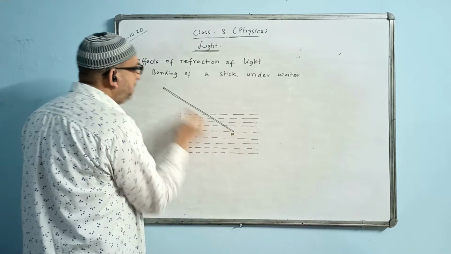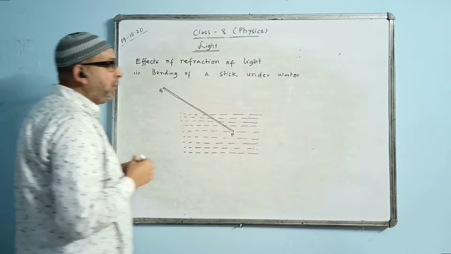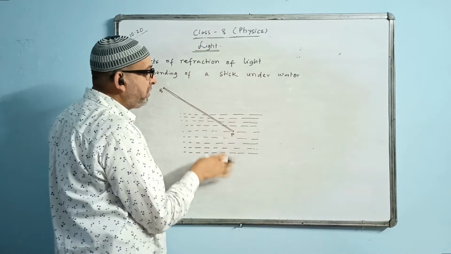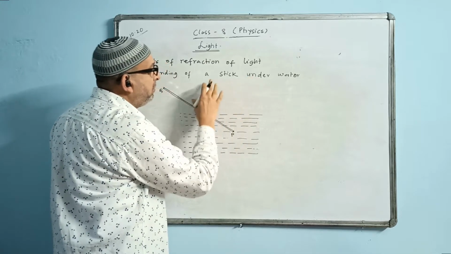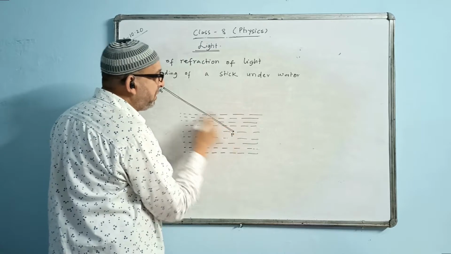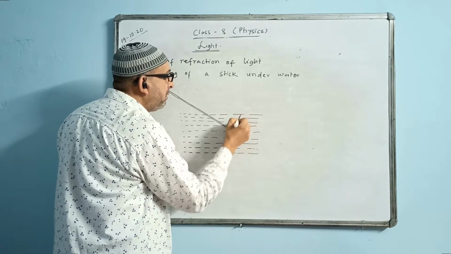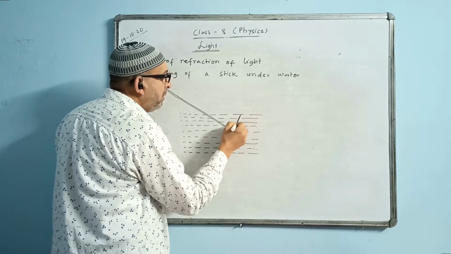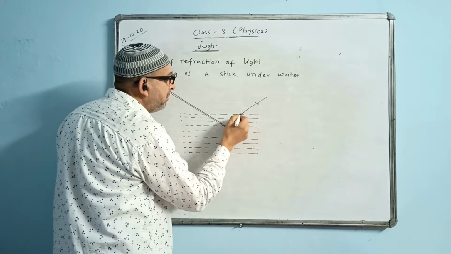This part is P, this part is Q. Now, this was the actual stick. So now from here the ray of light, the observer is in the rarer medium here and wanting to see this stick underwater. From here the ray of light will be traveling like this. It will bend away from the normal like this.